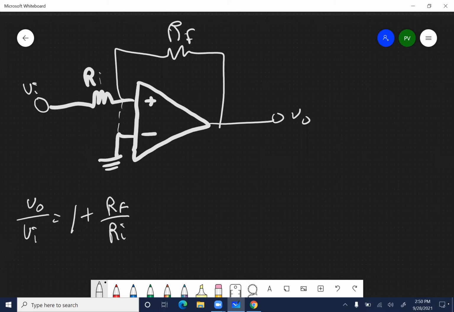Same exact concepts apply. We have a virtual short between these two. So we're going to go ahead and say my input current is equal to VI minus 0 divided by my Ri. That's my input current. Now I continue on.